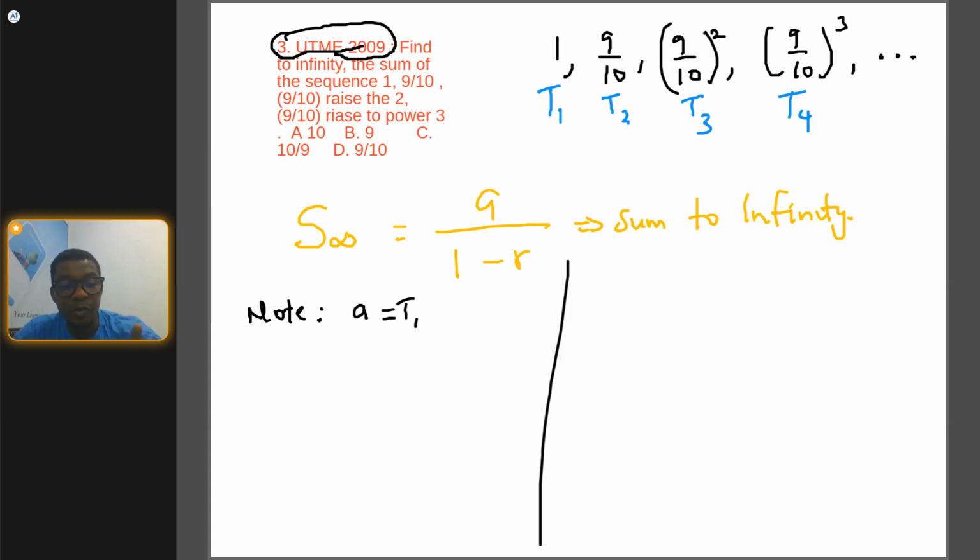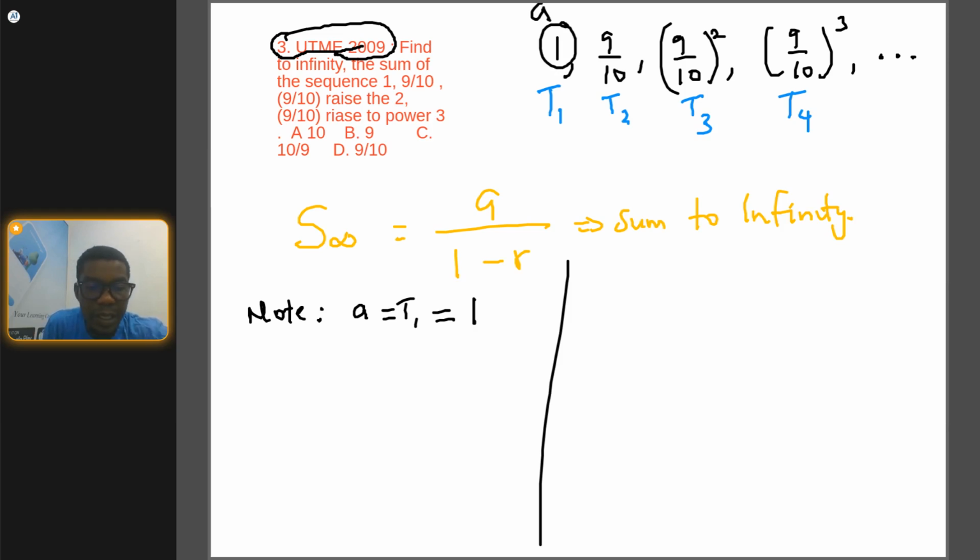The first term in a sequence is T1 and is also referred to as letter A. Using English, the first letter is A, so that is why they decided to use A, representing the first term of a sequence. So A is T1, that is, A will be equal to 1.